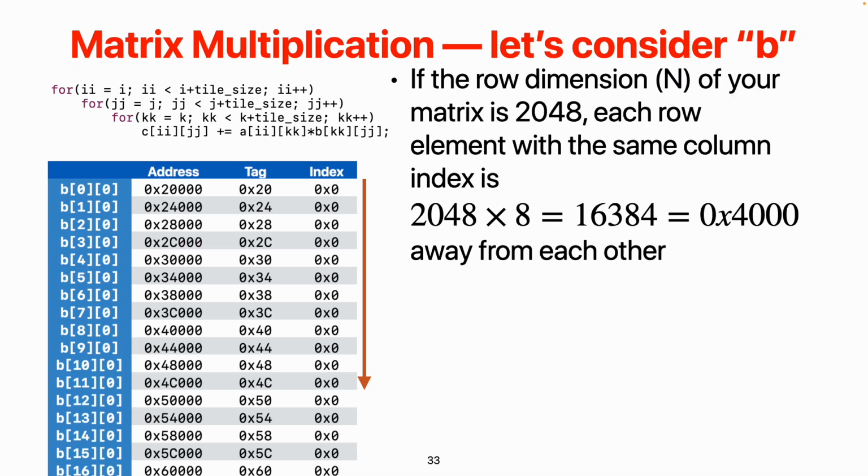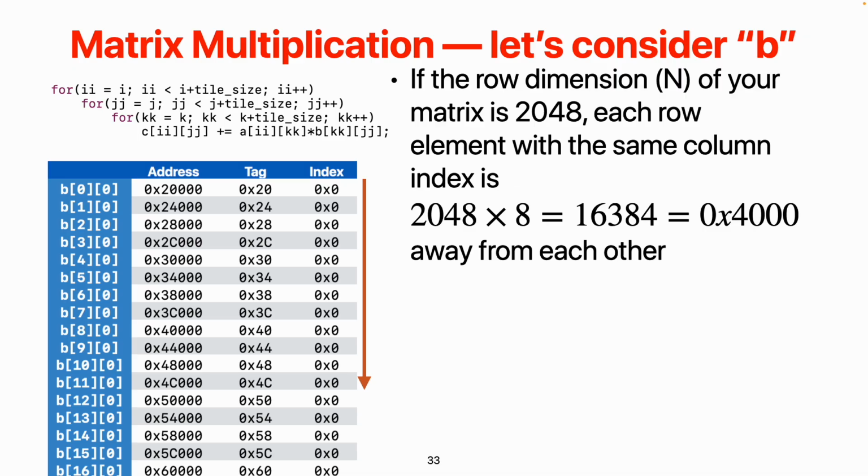And then when I'm fetching the 12th element, what happened? It still goes to index 0. So I have to start kicking out the first element in the same column. And this is not just the first element. It also covers the next element, which is the next column of B.